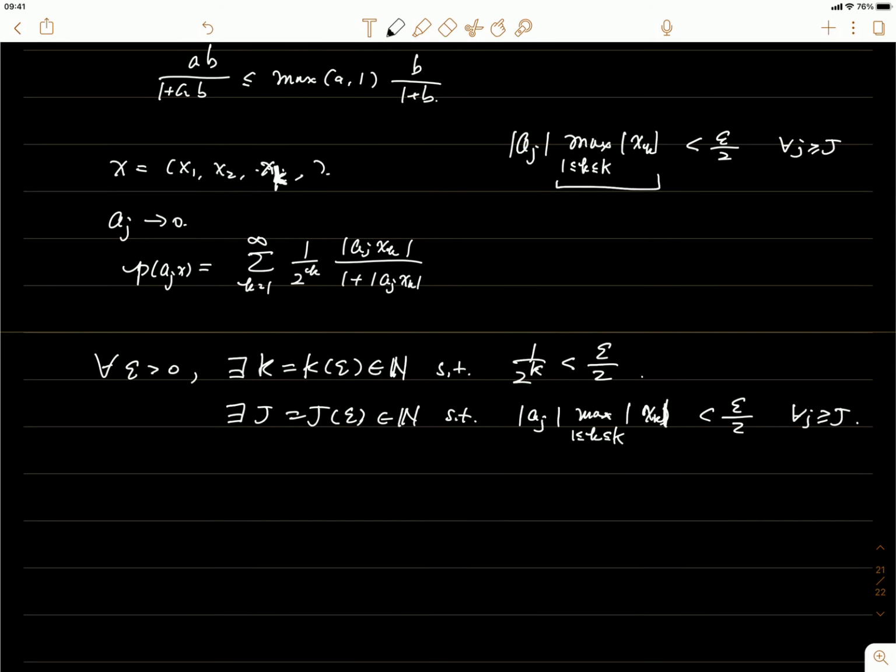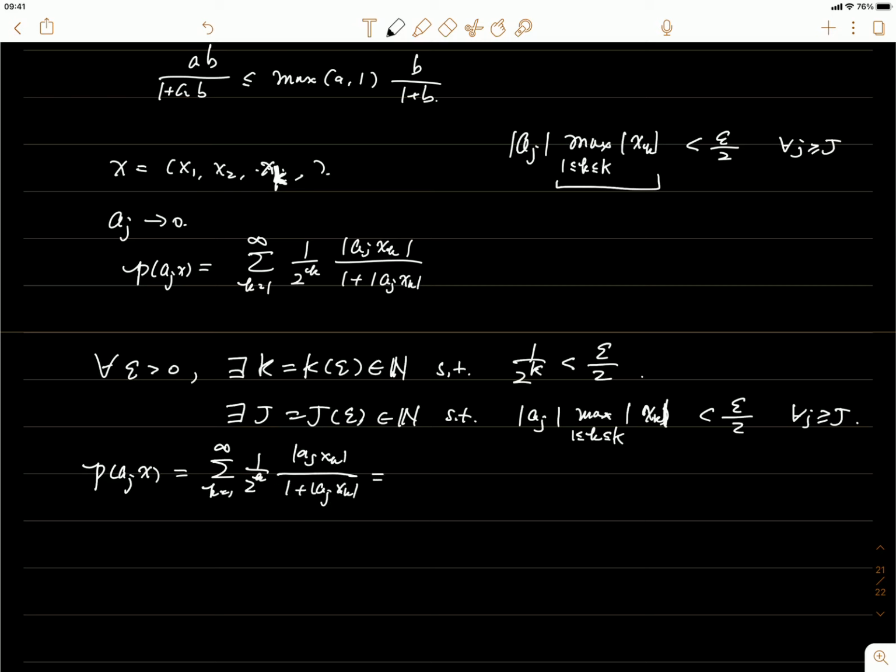And then I can see that the P of ajx is equal to the sum of 1 over 2 to the k, ajxk over 1 plus ajxk.